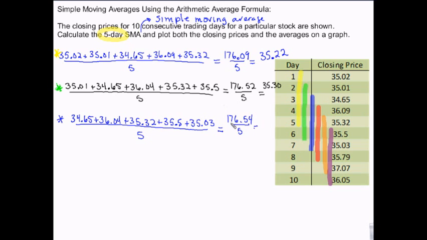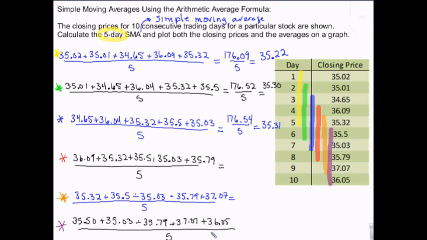Divide that by 5, and you get 35.31. That's day 10, so that's where you stop. And then when you calculate these out, you're going to get 35.55, 35.74, and 35.89. Okay, so these are our simple moving average prices.